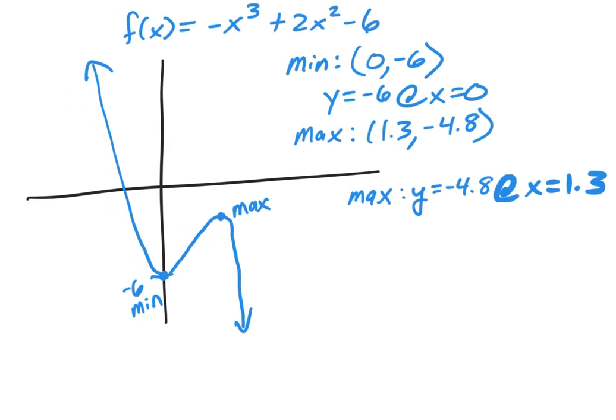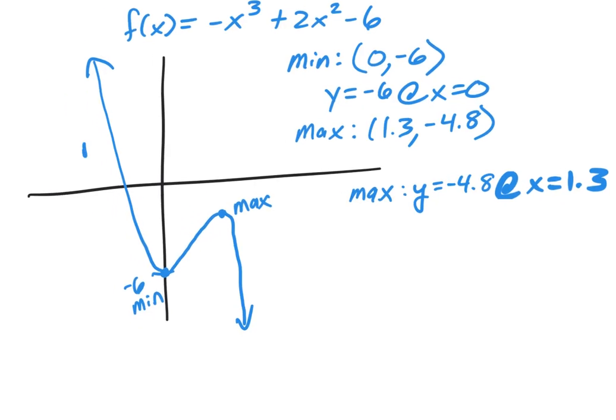And I won't go through it here. But if I wanted to do the increasing decreasing function here, it decreases here. Always start furthest to the left. It decreases, and then it increases, and then it drops back down. Remember, we're only using the x values. So I would say negative infinity to 0.